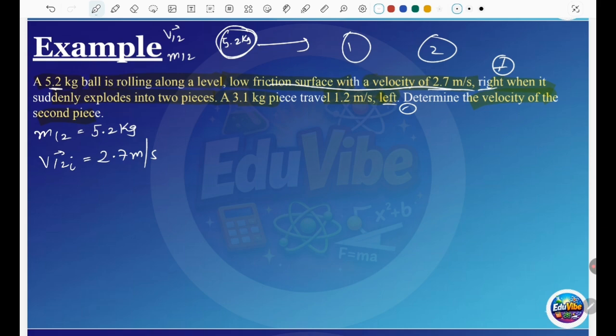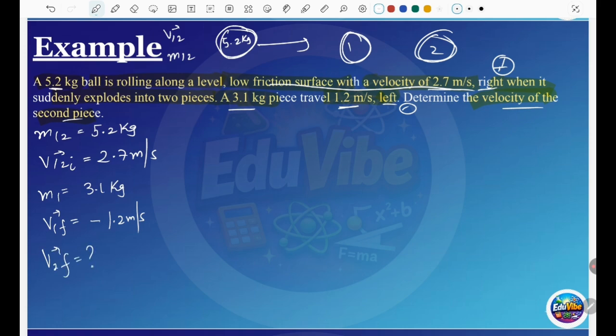Then mass 1 is 3.1 kg, and after the explosion this is v1f. v1f is negative because it is left, so minus 1.2 meters per second. We have to find the velocity of the second piece, which is v2f.